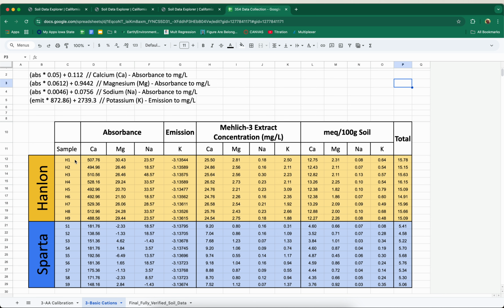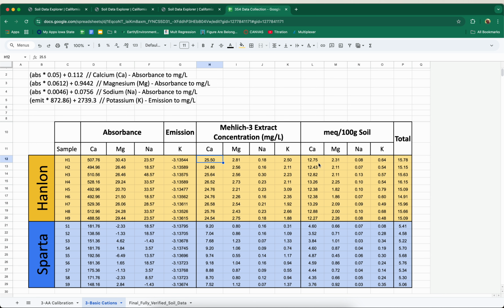So each of those samples has a corresponding absorbance for the 3 base cations and then the emission for potassium, the remaining base cation. Those were bounced through each of the respective line slope equations, and then it just outputs whatever the corresponding milligram per liter concentration is.